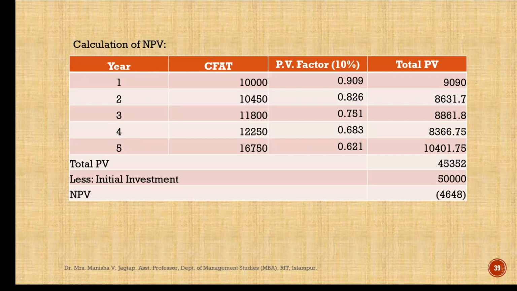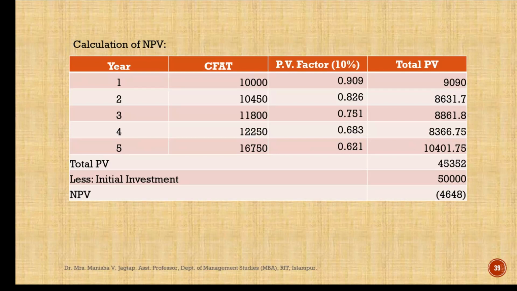That means our investment is more than the returns which we are going to get from that particular asset. So that's why net present value is negative. That means the particular project is not profitable to the company. This is about the net present value method.